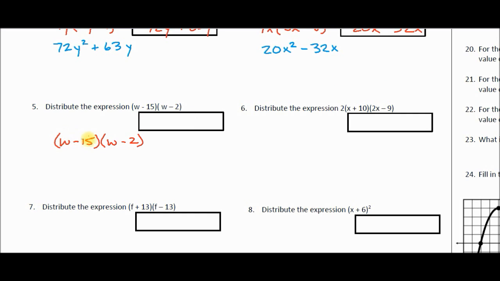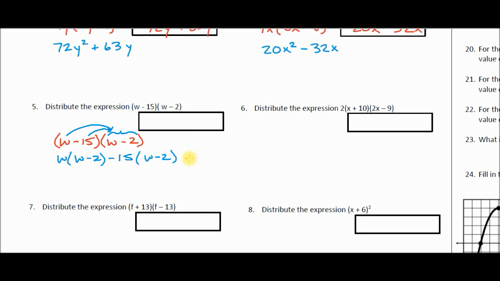When we distribute two binomials, we're going to take the second binomial and treat it all like just one term. The w is going to distribute to that binomial, so we're going to get w times w minus 2, and then we're going to distribute the negative 15 to that second binomial. We've got negative 15 times w minus 2, and now we've just got two different problems here.